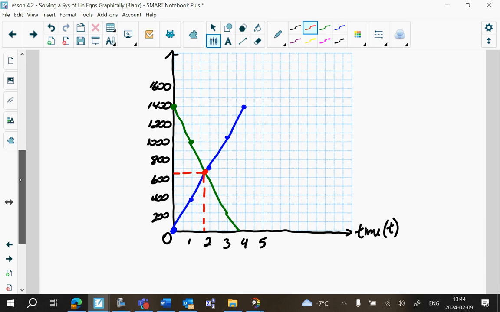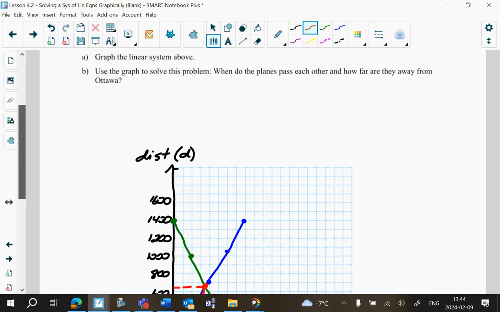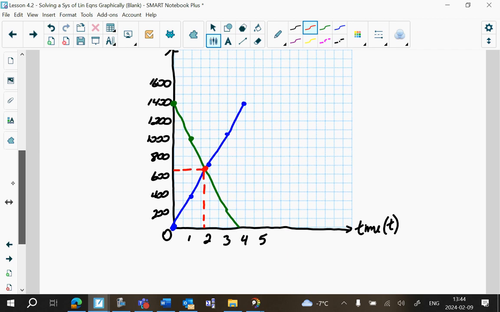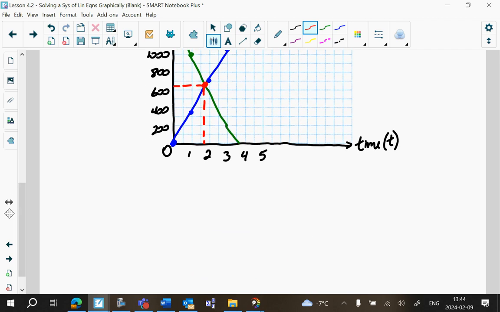So, question asks, when do the planes pass each other? How far away are they from Ottawa? We would say they pass each other after, so if you figure out what you got from your graph.